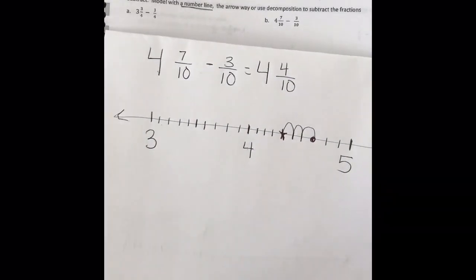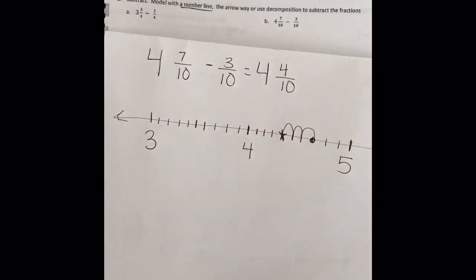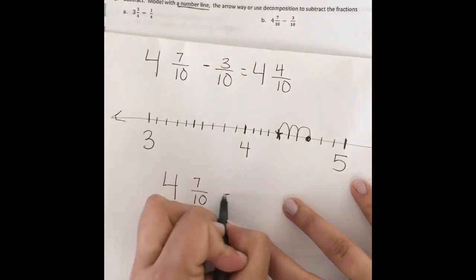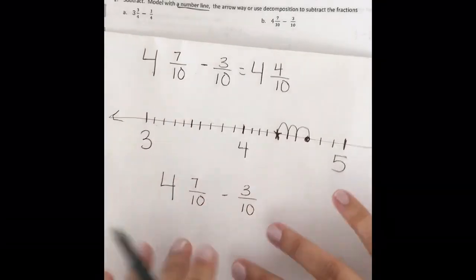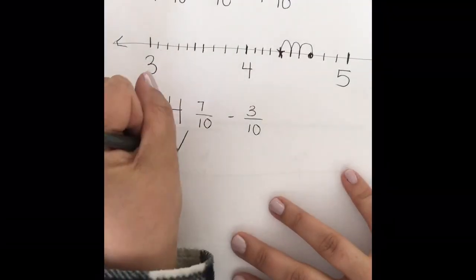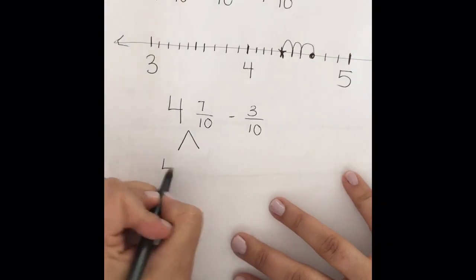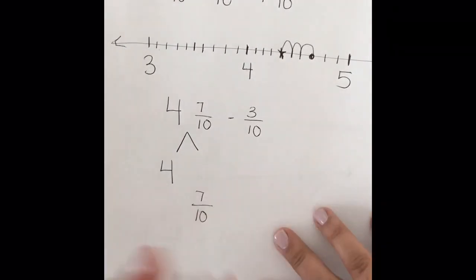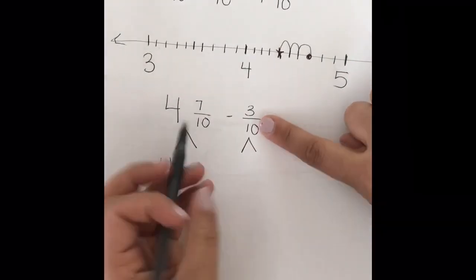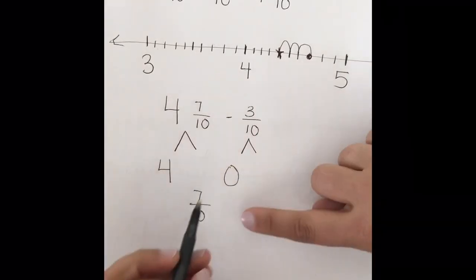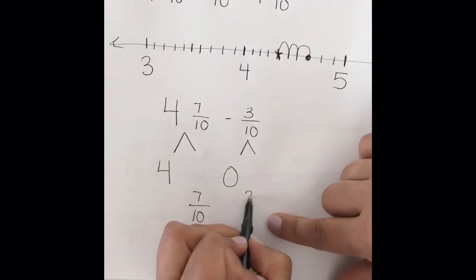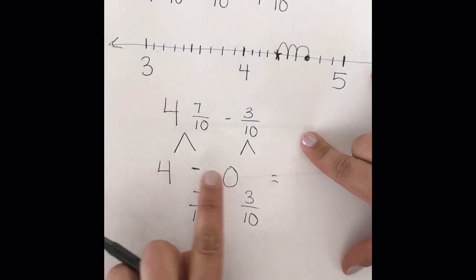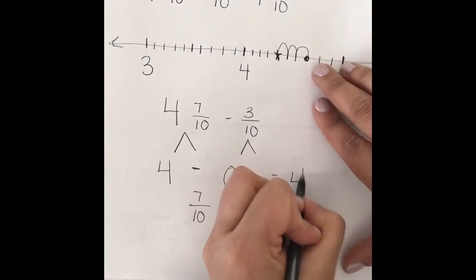Awesome. I want to just quickly show you, based on what we did, what you could do. So we had 4 and 7/10. If you remember what we did yesterday, we decomposed, or broke apart, and we had our whole number, and then I did my fraction a little bit lower. So if I decompose this one, well, I don't have a whole number. And then I'm going to decompose my 3/10. I can subtract my whole numbers. 4 minus 0 is 4.